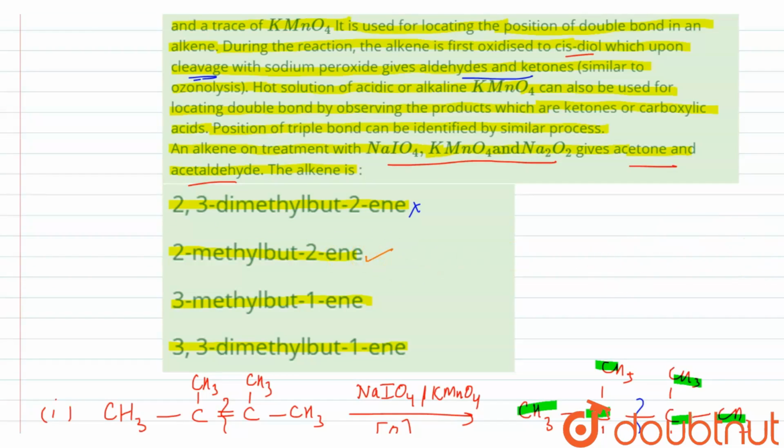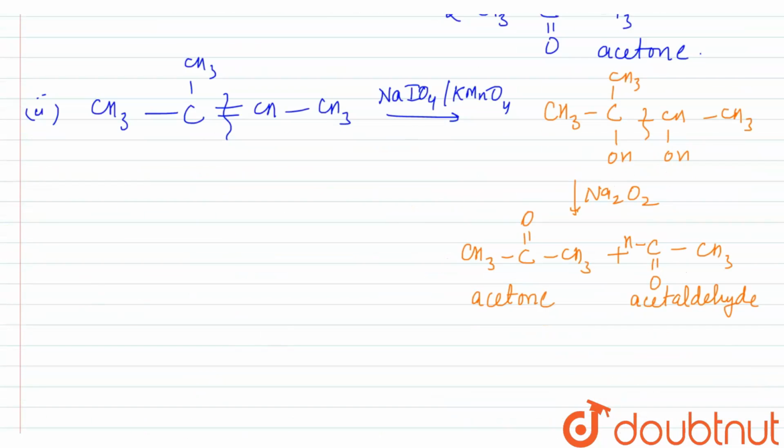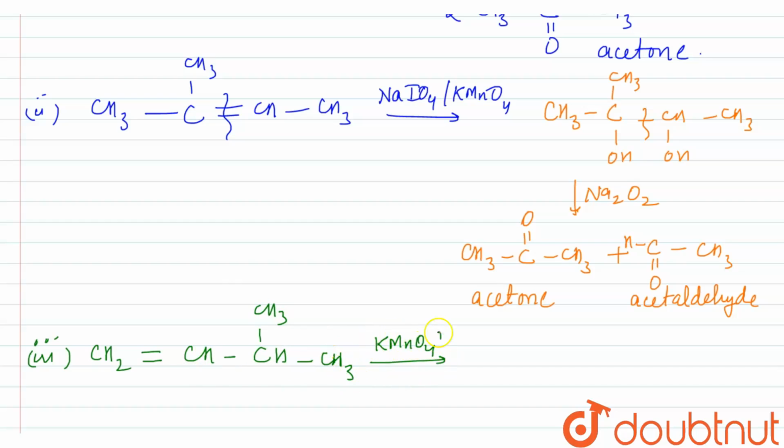If we see the third one, that is 3-methyl but-1-ene, it is CH2 double bond CH, CH3, CH3. Again, this undergoes reaction with NaIO4.